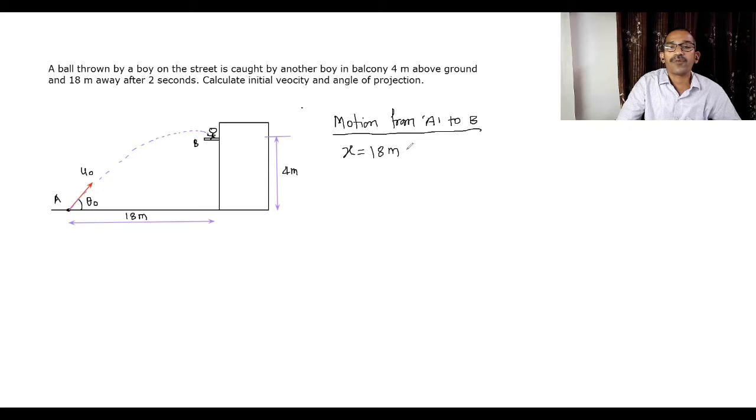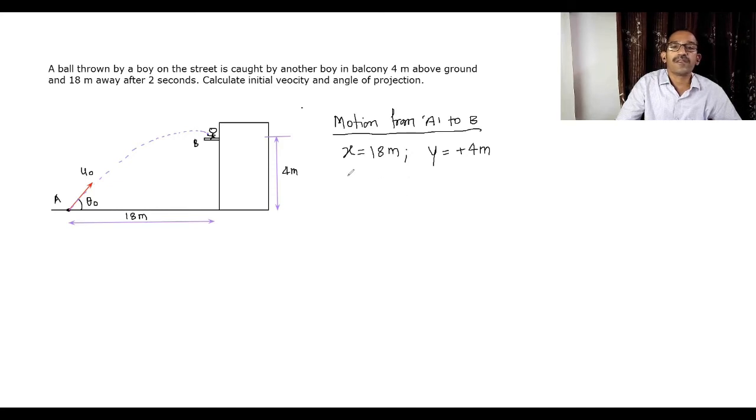Final position B is above initial position A. When the final position is above the initial position, y is positive, here plus 4 meter. If the final position is below the initial position, for example a body projected from the top of a hill striking the ground at a lower level, then y becomes negative. In this case, y is positive.